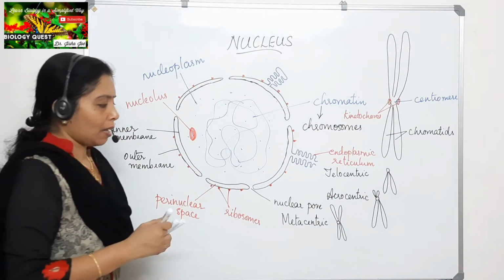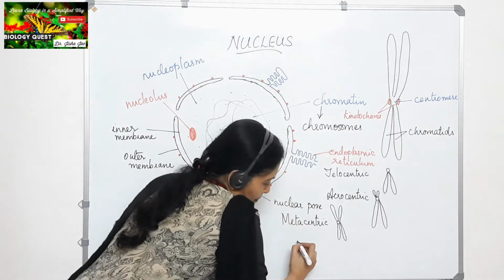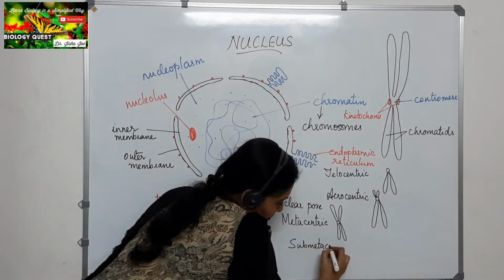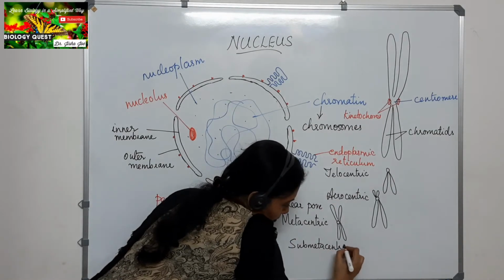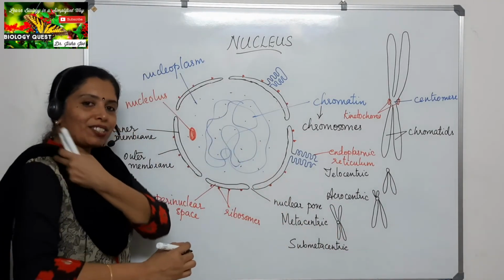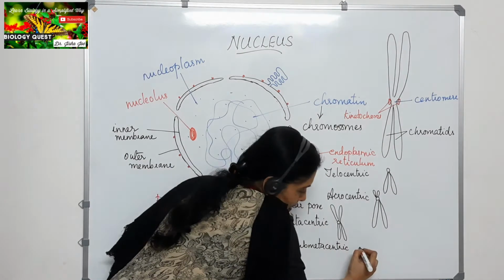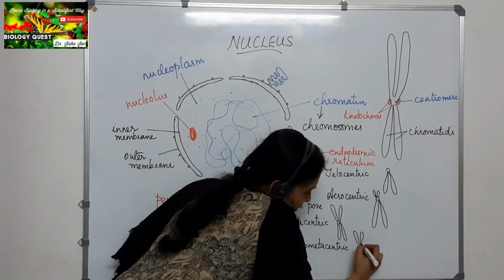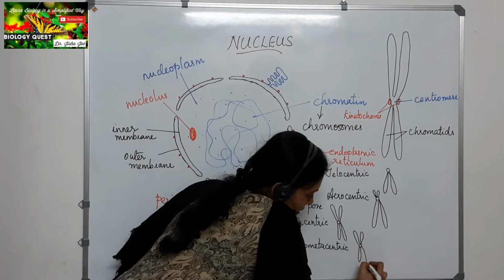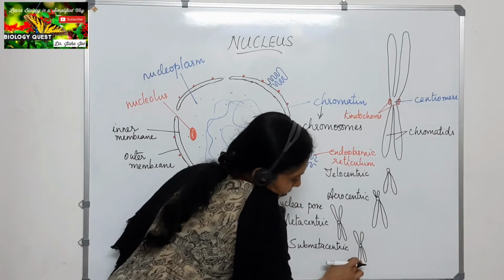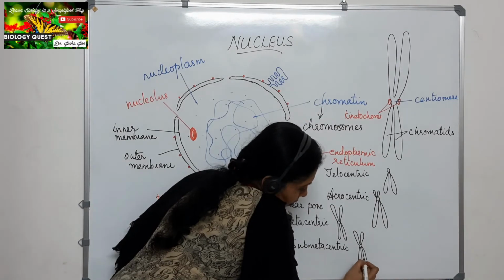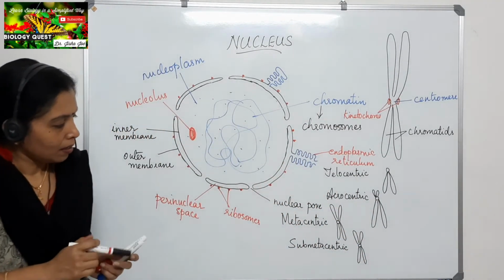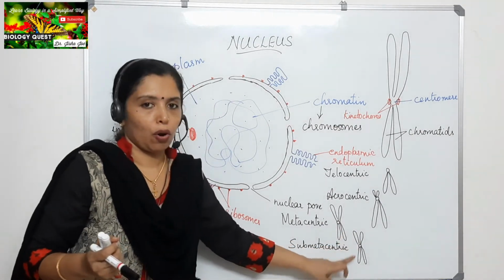And the fourth type of chromosome is submetacentric. In a submetacentric chromosome, the centromere is more towards the center, but not exactly at the center, producing short and long arms.